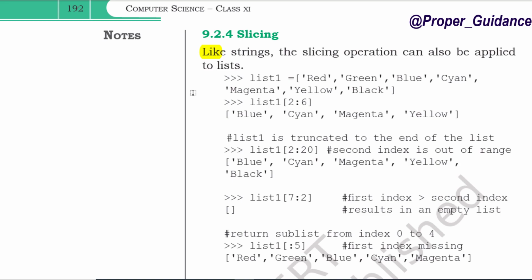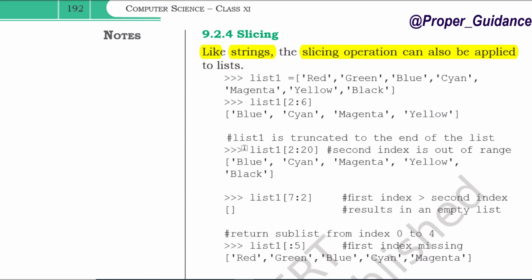I have discussed all those things, and here "like strings" means that in the previous chapter we discussed strings and their different properties. So just like strings, the slicing operation can also be applied to lists. Slicing: list1 equals red, green, blue, cyan, magenta, yellow, black. There are so many colors. Now list1[2:6] gives blue, cyan, magenta and yellow.